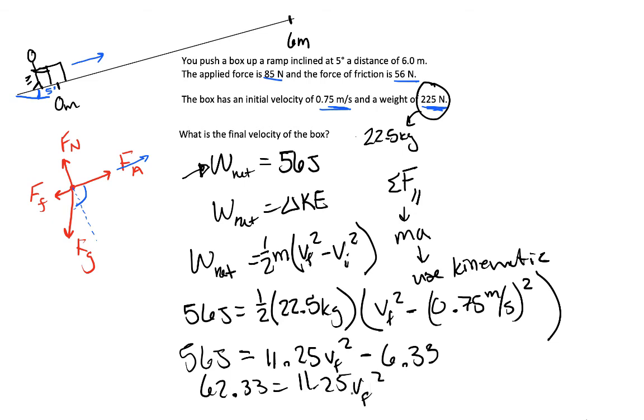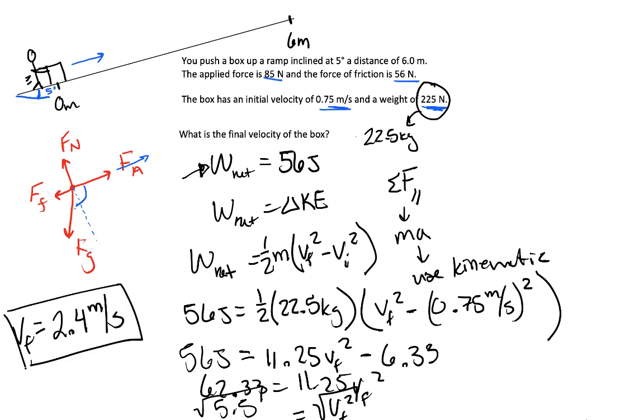So divide both sides by 11.25. We get the final velocity squared is equal to about 5.5. So we'll take the square root of both sides, and we get a final velocity of about 2.4 meters per second. Now that was a lot easier than summing the forces, which we're going to do right now.